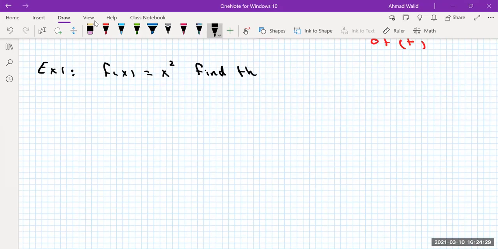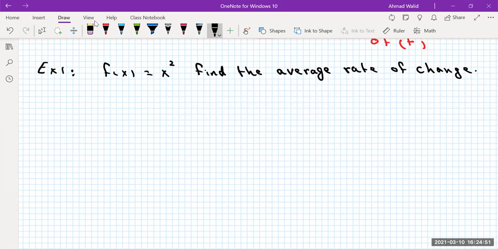Find the average rate of change. But they have to give you a point. If they don't give you a point, then it's difficult to find.